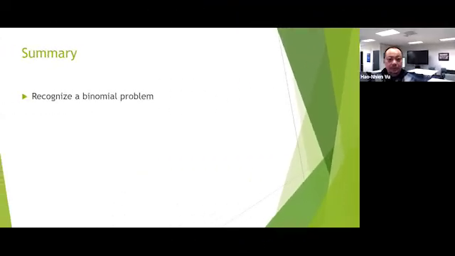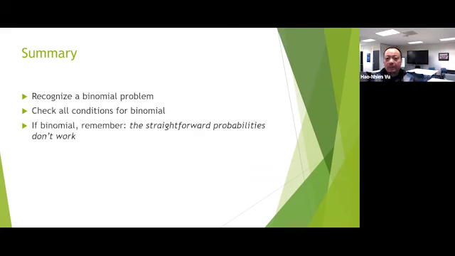All right, let's summarize. Suppose you recognize that a problem could be binomial. Then what you should do is check all the conditions to make sure that it is in fact binomial. Many professors and teachers may also require you to actually write it down on paper, then do that. If the problem is binomial, just remember the straightforward probabilities don't work.